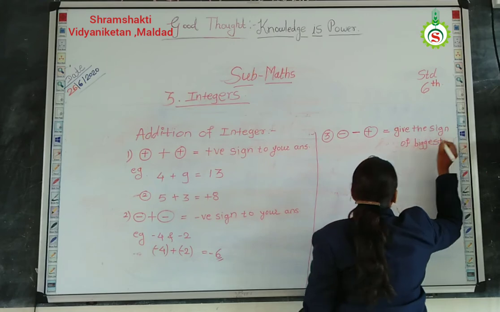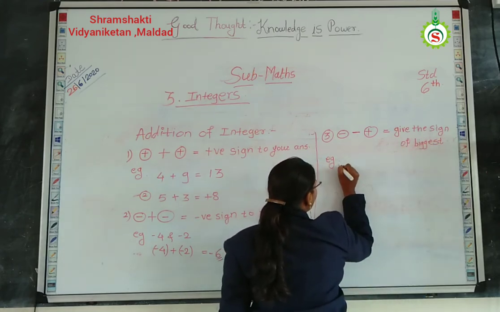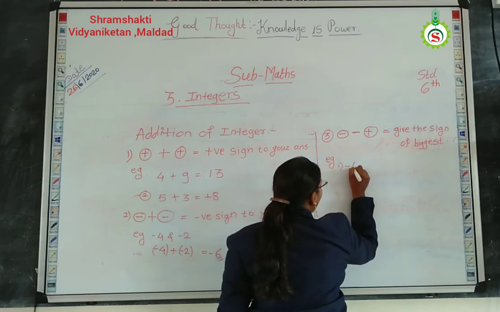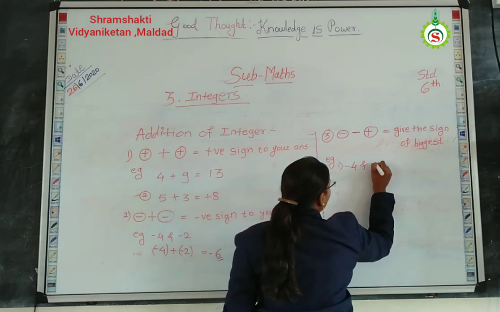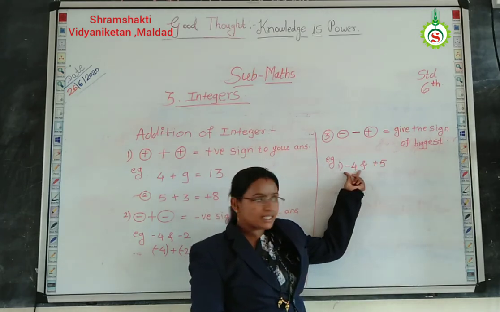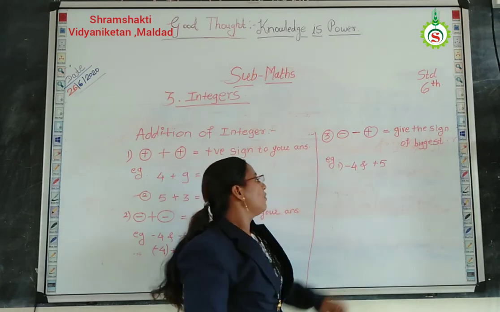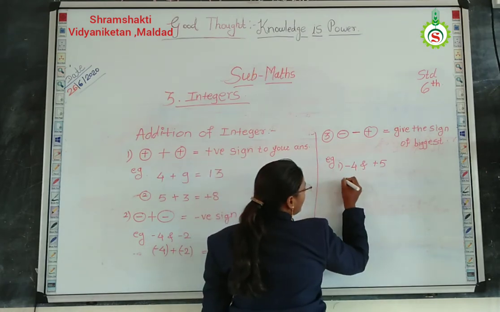See an example of this type. First example, -4 and +5. One integer has a minus sign and the other has a plus sign. In this case, we do subtraction between these integers.